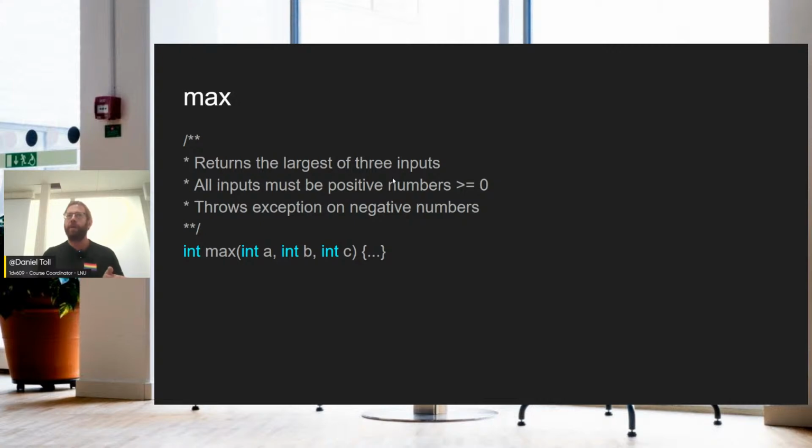But there are other combinations where A and B are negative, and A, B, and C are negative, and B and C are negative, and A and C are negative, but B is positive, right? So we can design the partitioning ourselves. We design the rules for this, and in each of these partitions, we can create many different test cases.